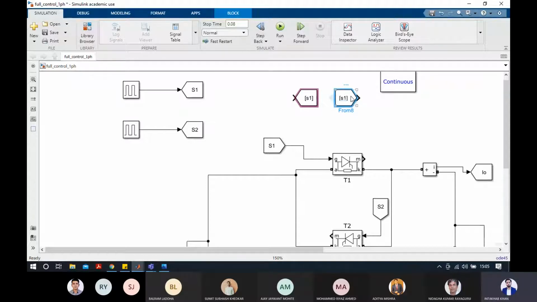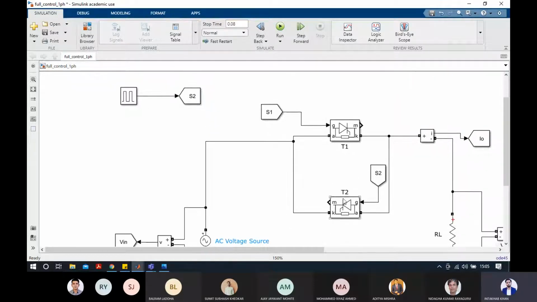The same thing is used: S1 is used for this upper thyristor, and S2 is used for the lower thyristor. And you have to connect this.